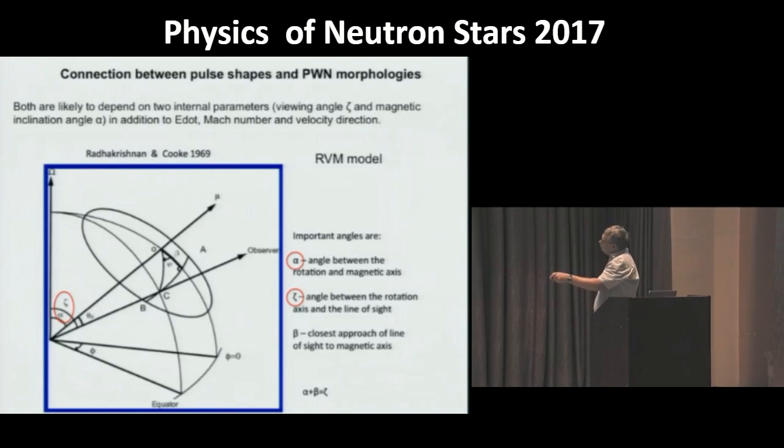There's many angles that can be used there, but the two most important angles are the angle between rotation and magnetic axis, or let's call it the magnetic inclination angle, just for shortness, and the other is the viewing angle, right? So those are the two angles, the second being between the line of sight and the spin axis.